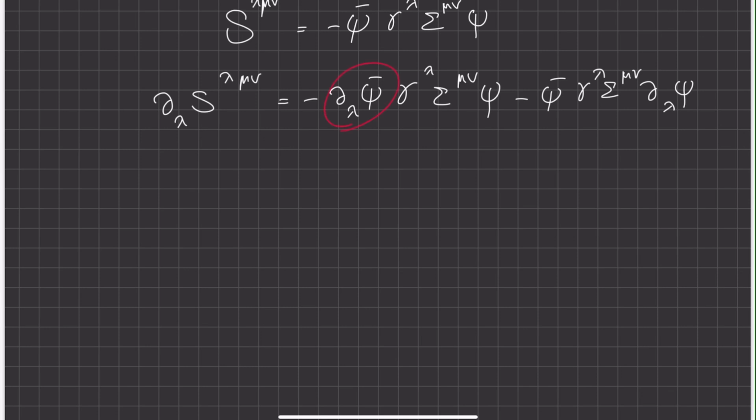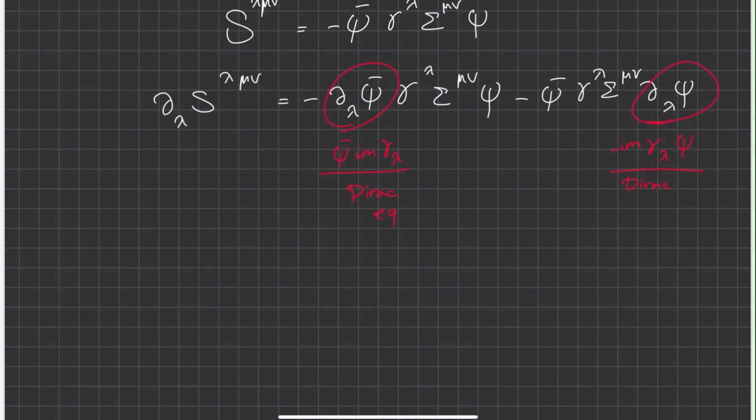I want to get rid of the derivative of this field, right? So this is equal to psi bar i m gamma of lambda with the lower index, and here I have minus i m gamma of lambda sigma, and they came from the Dirac equation.